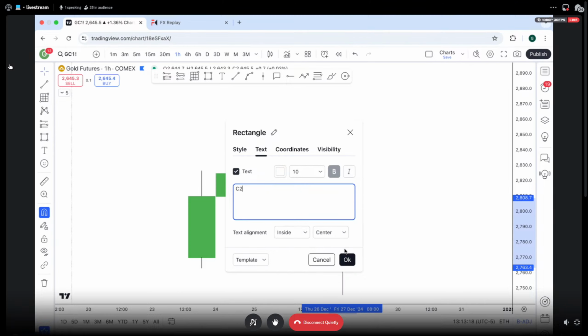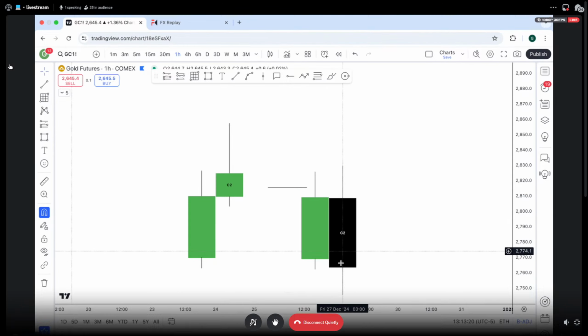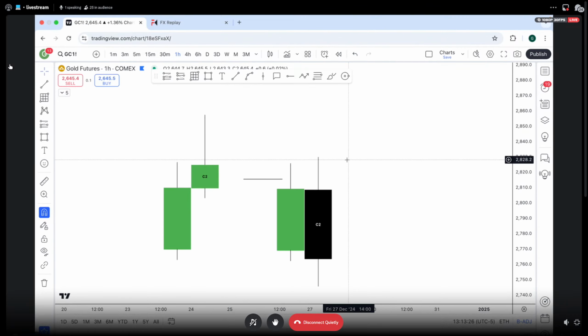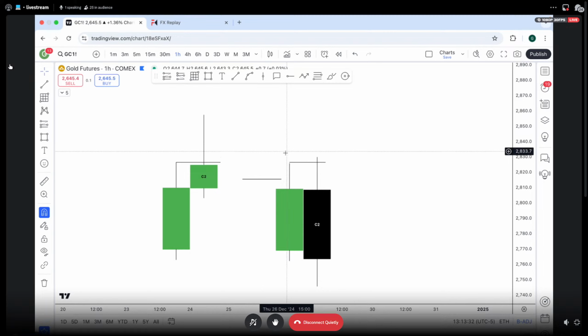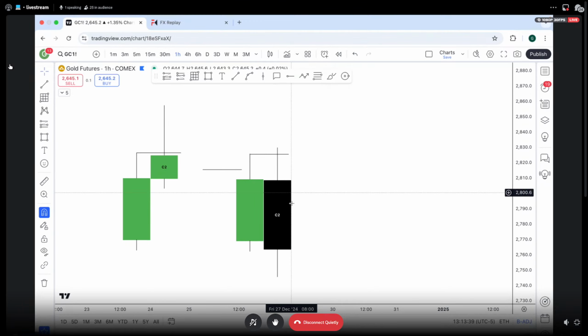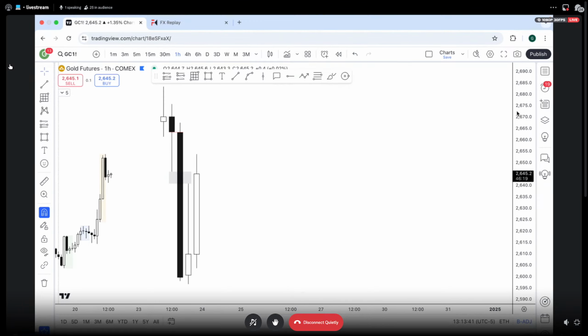If I change this to white, see how this supports expansion? This one doesn't, because look at the opposing run from the open. So when I see an intra-candle change state delivery, I will look to enter that based on catching this expansion. And we'll go over some examples right now.